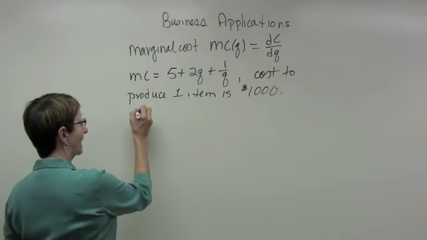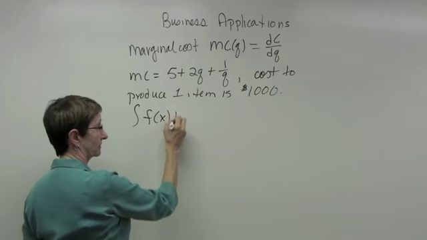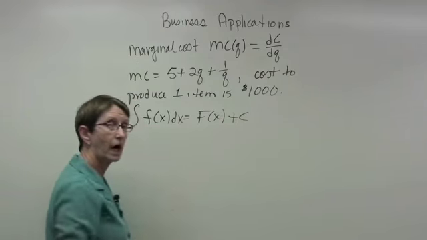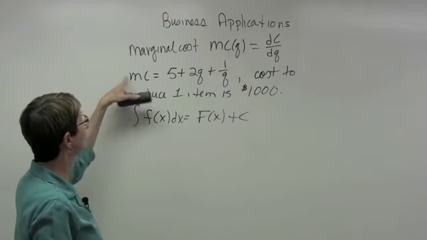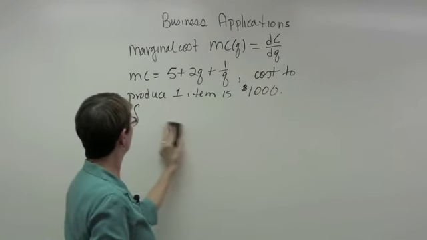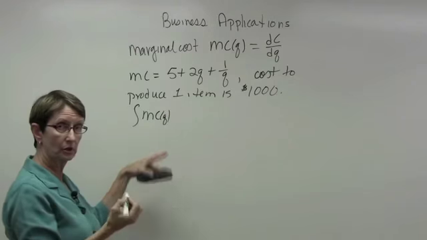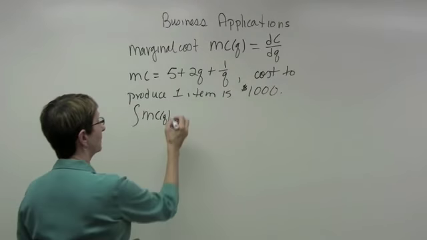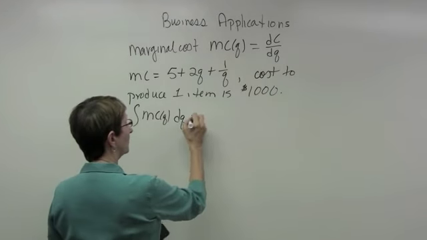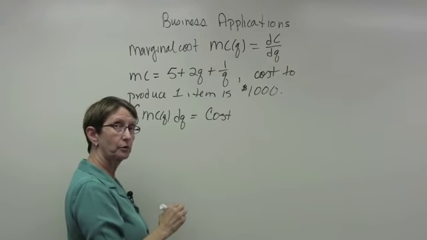Well, the antiderivative in general of a derivative is the original function plus some constant. So we want to use that in particular with this application. So we say the antiderivative of marginal cost, the function of the variable q, must be dq, because that is our variable, would be equal to the cost function in terms of the variable q.